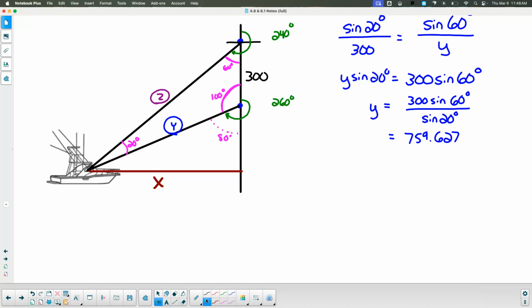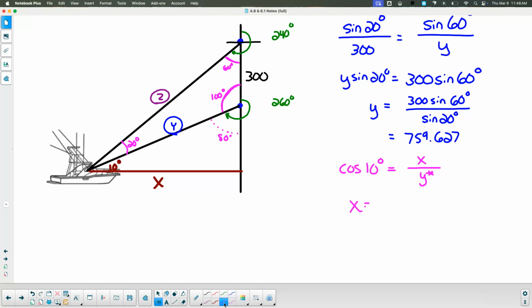So then we know that this angle here is 10 degrees. So cosine of 10 degrees is equal to the adjacent side x, which I'm looking for, all over y, which I have stored on my calculator as my answer. It's the 759.627 number.